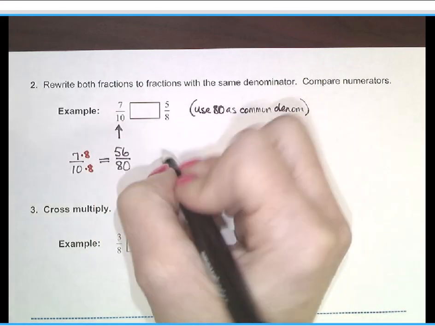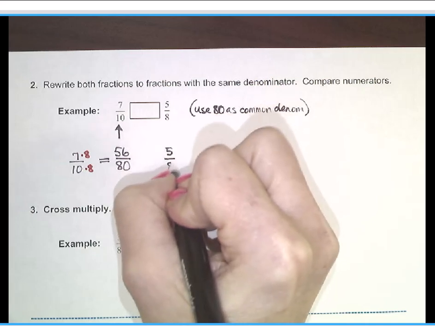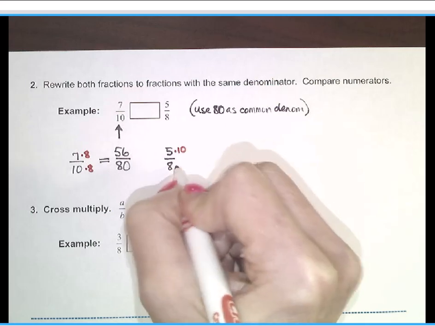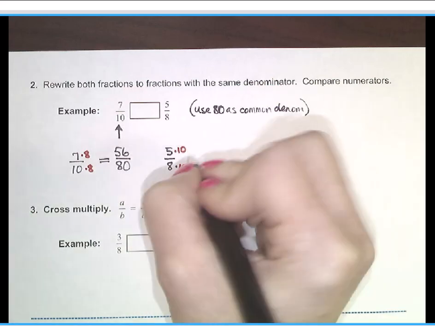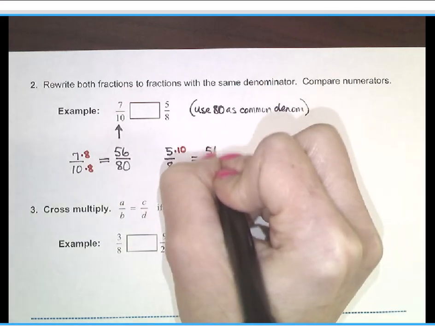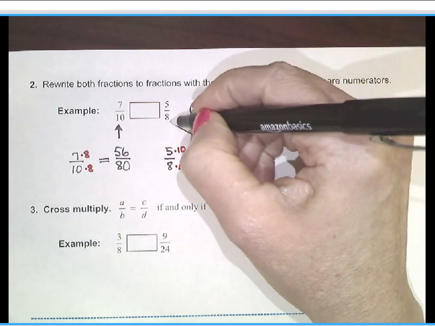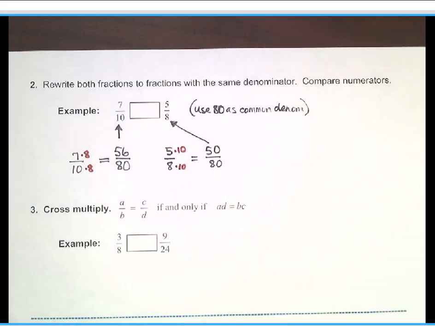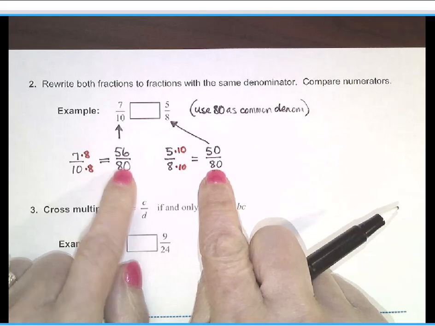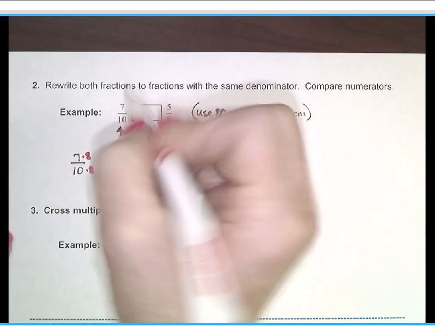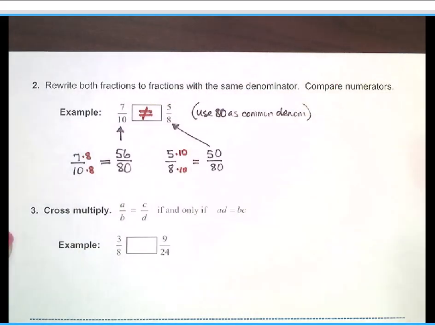Let's see what we get here for 5/8. For 5/8, if I want to make the denominator 80, I'd have to multiply by 10. And that's going to give me 50 over 80. So if you blow them up so they have the same denominator, is 56 over 80 the same thing as 50 over 80? No, it is not. So those would not be equivalent fractions.